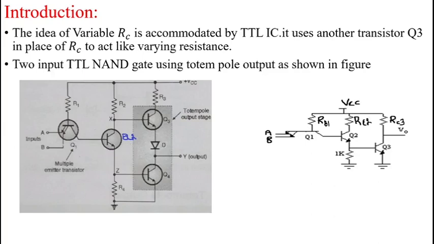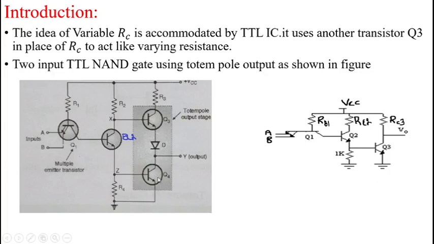Here, the Q2 transistor is acting as a switch, and this Q2 transistor is also acting as a phase splitter. It means that this Q2 transistor drives the other two transistors, that is Q3 and Q4. For example, when this Q2 transistor is off, the output of this Q2 transistor, that is logic 1, is given to the base terminal of this Q3 transistor, and logic 0 is given to the base terminal of the Q4 transistor.